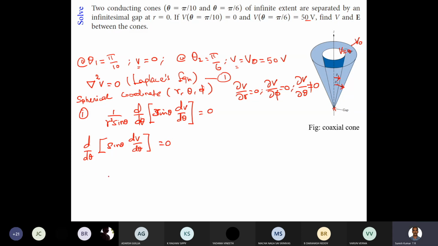So if you integrate one time, you will get sine theta into dv by d theta equal to a constant, the integration constant. Then before integrating again, you write this equation clearly: dv by d theta equal to a by sine theta.